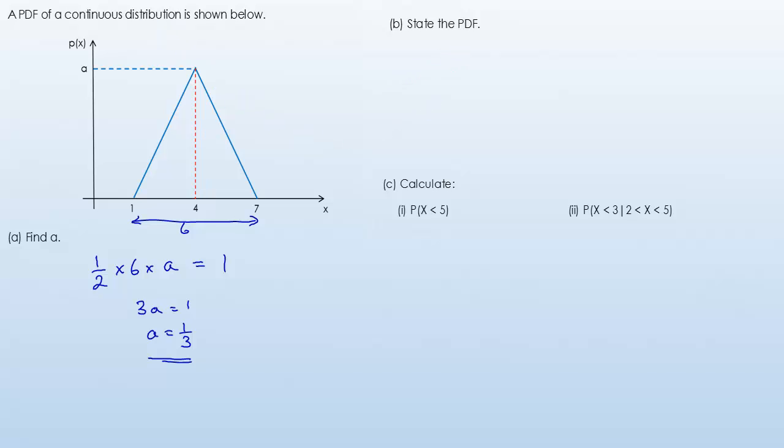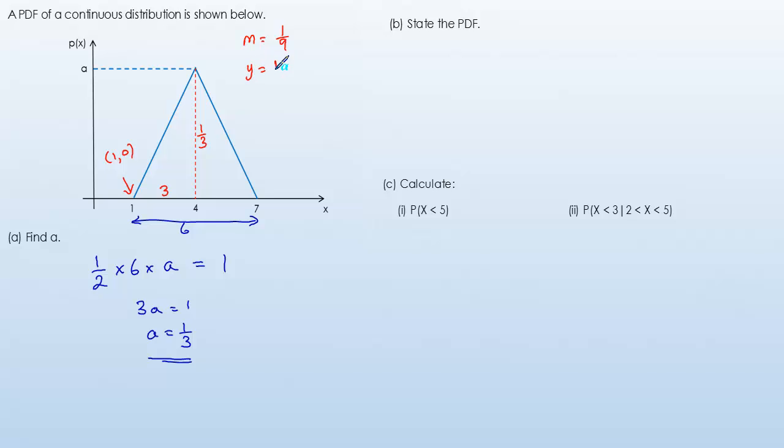State the PDF. Now we really need to know the equations of these lines in order to do that. So this goes 3 across and 1/3 up. So the gradient of that is rise over run, so it's going to be 1/9. And we can see it goes through the point (1, 0).